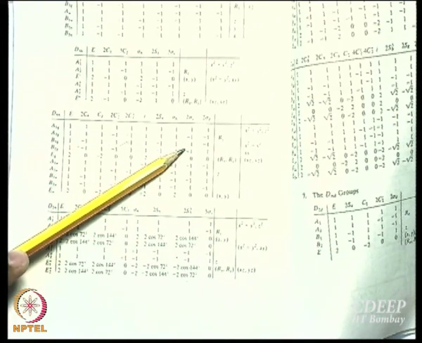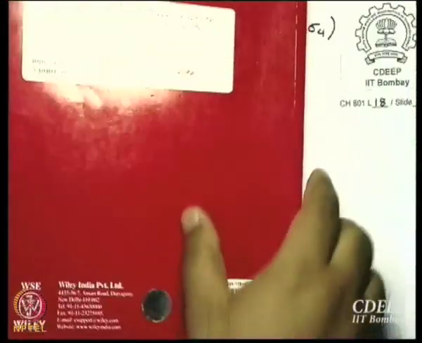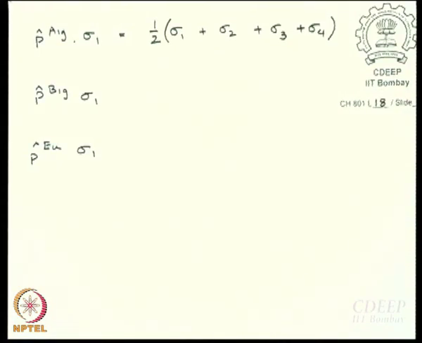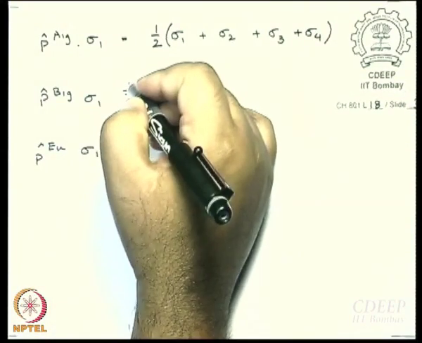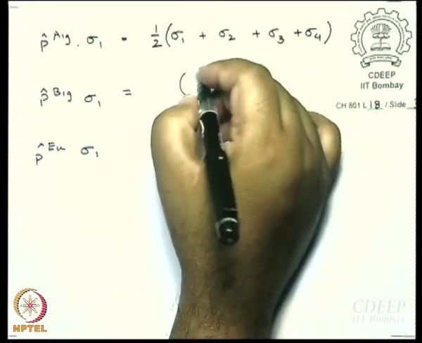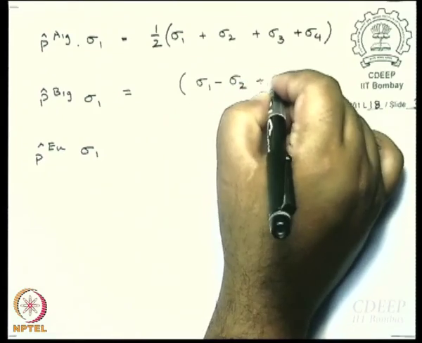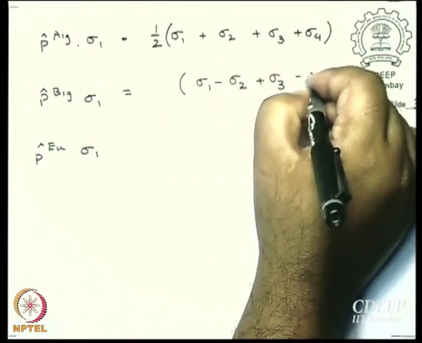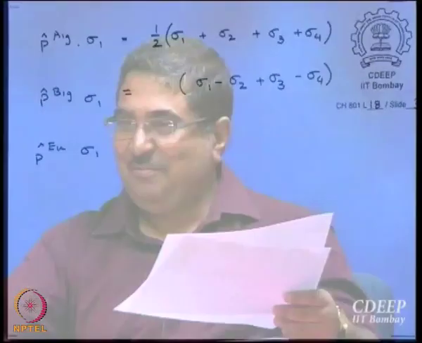Sigma V, yes, and 2 sigma D, minus sigma 2 minus sigma 4. Add that all up, but now I don't have to, right? You can see. What do I get? I get sigma 1 minus sigma 2 plus sigma 3 minus sigma 4. And everyone knows what the normalization constant is.